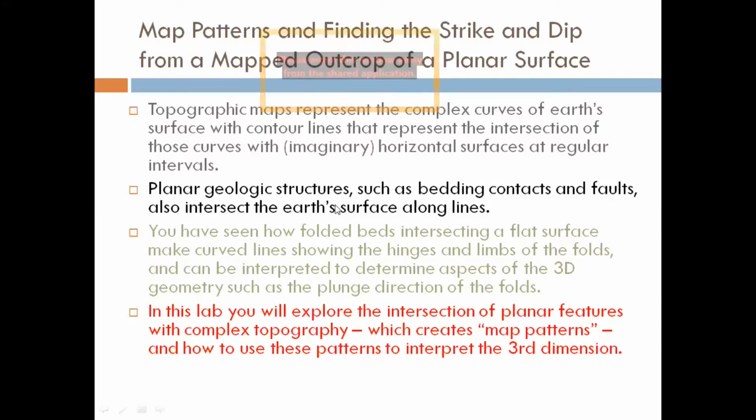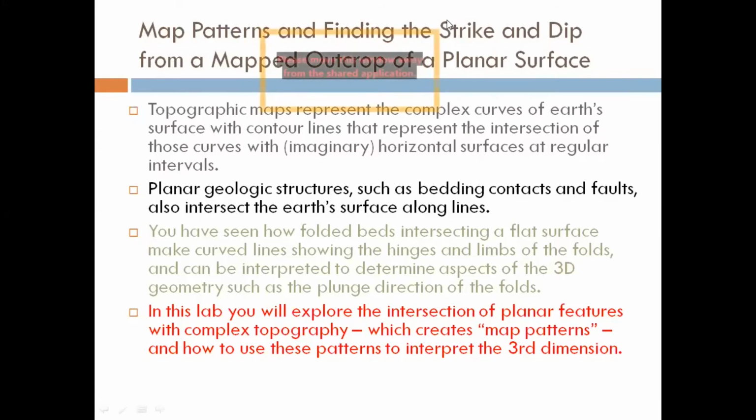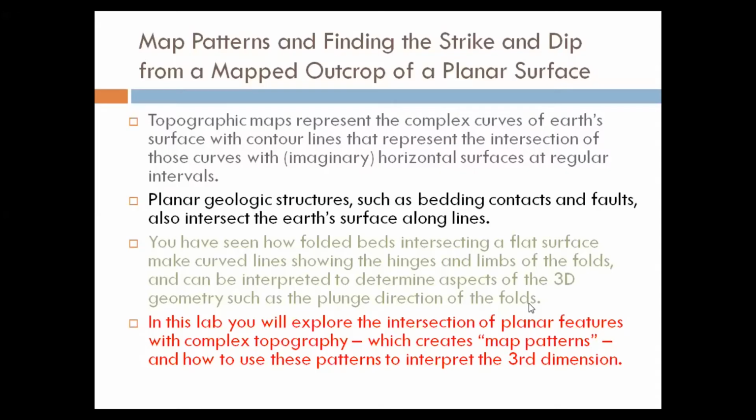So we have some of these planar structures like bedding and faults. Planar structures are those, remember, that have their presence in 3D, and they are penetrative and can be seen in three dimensions. We have bedding planes. As you know, beds are the basic unit of a sedimentary rock or a layered rock.